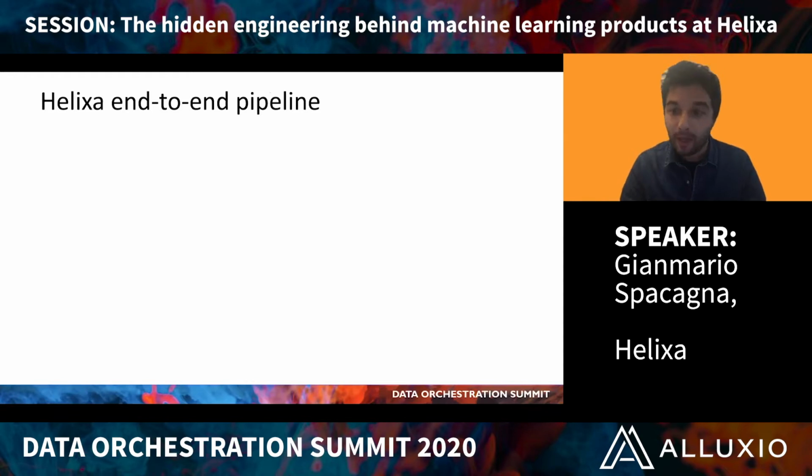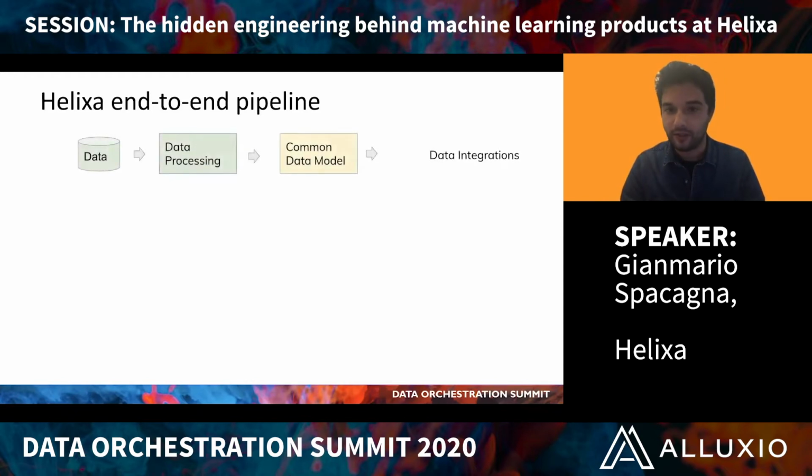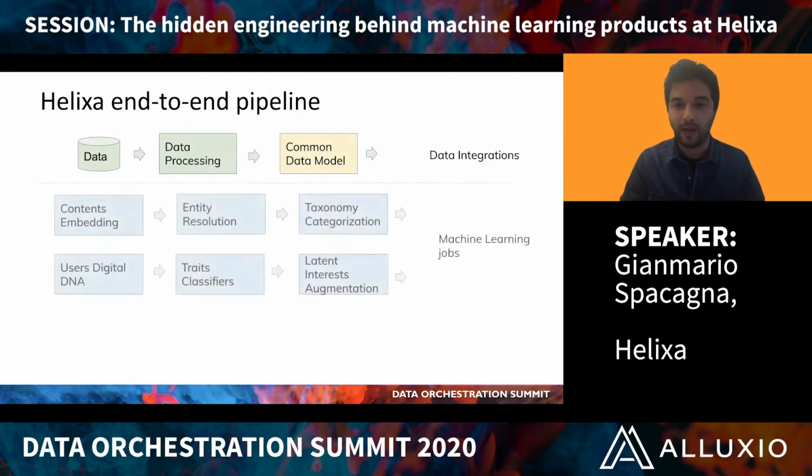The end-to-end pipeline starts with data integrations. We start with exporting data from external data sources and then converting it into a common data model that is digestible by our algorithms. The machine learning jobs in our case are in sequence. We first do some content embedding, then we do entity resolution.